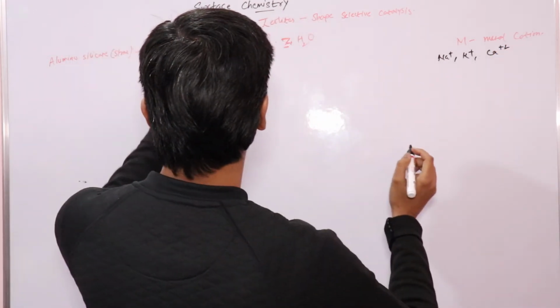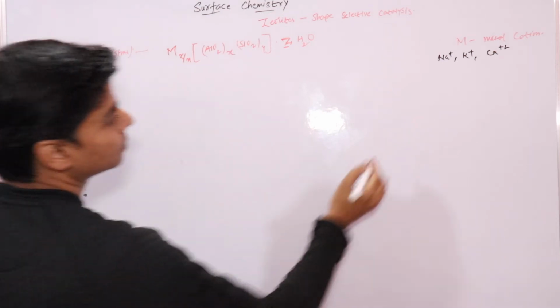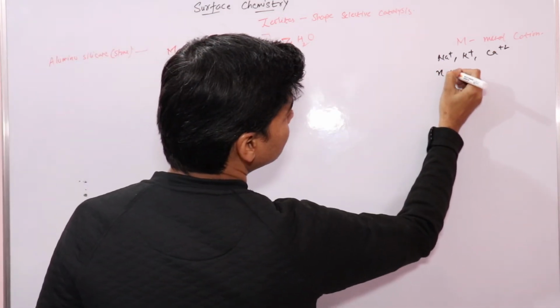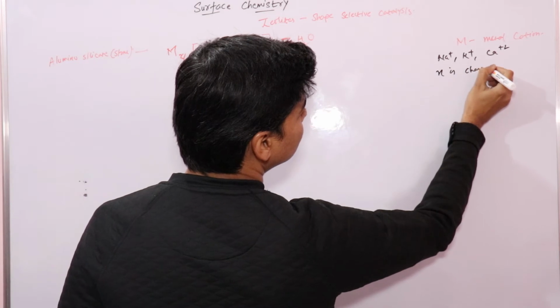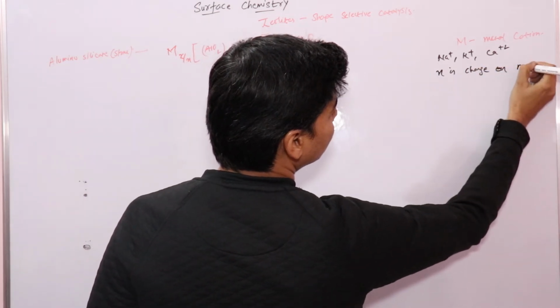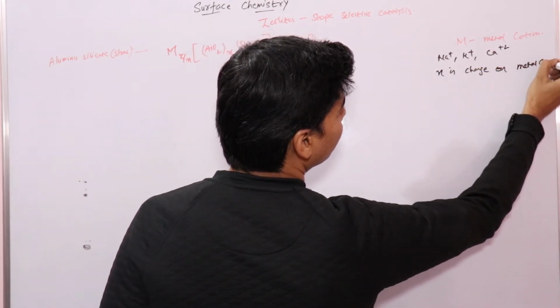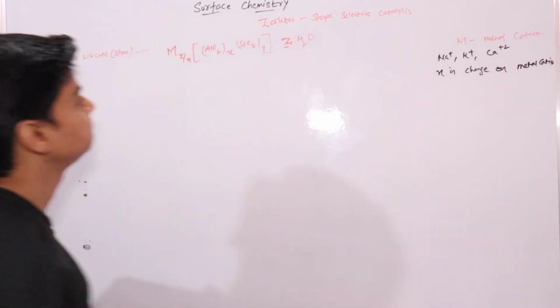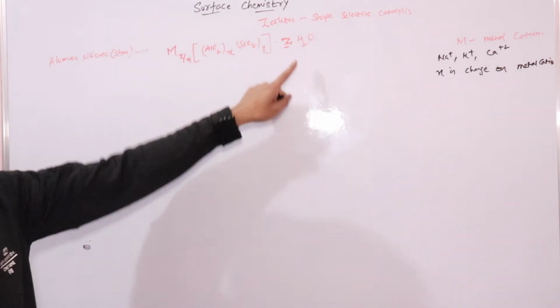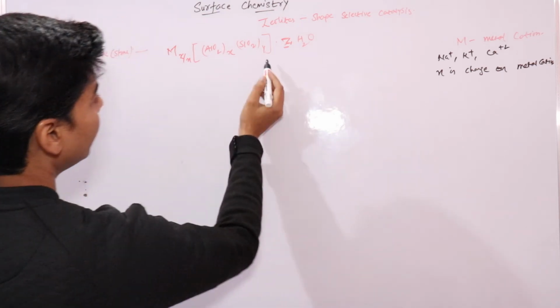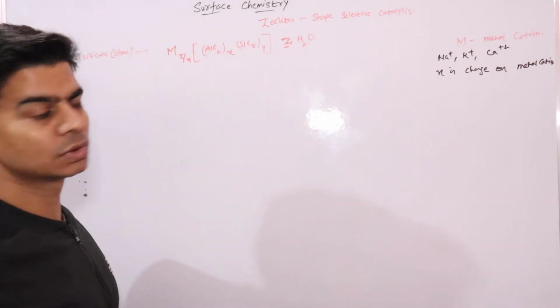And this is X upon N, where N is the charge on the metal cation. And Z represents the number of water molecules associated with this aluminosilicate.